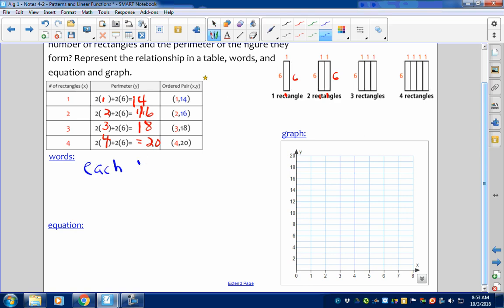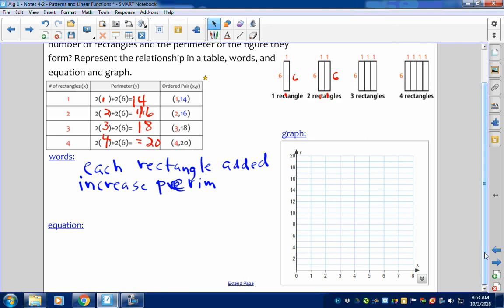Each rectangle added increases perimeter by, and I'm going to write down in a different color here, by 2.